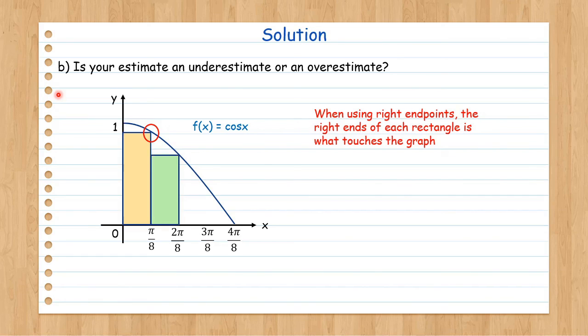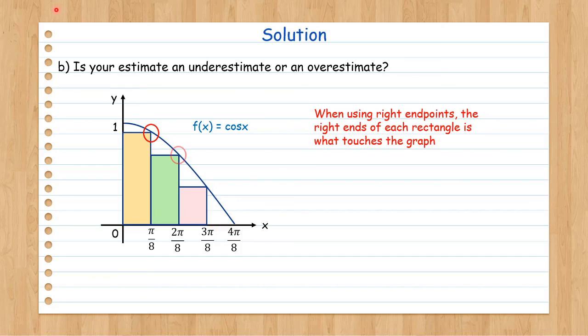If I draw my second rectangle, that's what it would look like. The third one and the fourth one, well, since the right endpoint is what touches the graph, it will touch the graph where y is equal to 0. So therefore, it is basically on the x-axis. So there isn't any rectangle in this case, right?